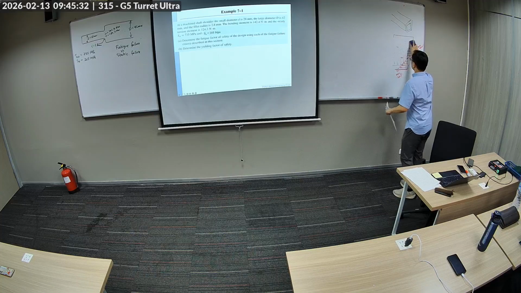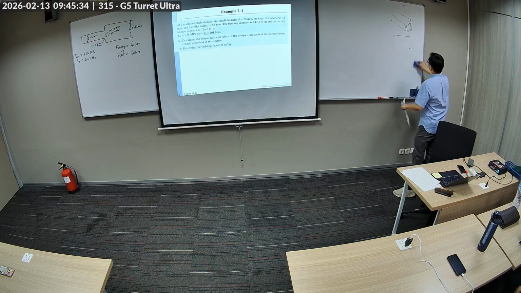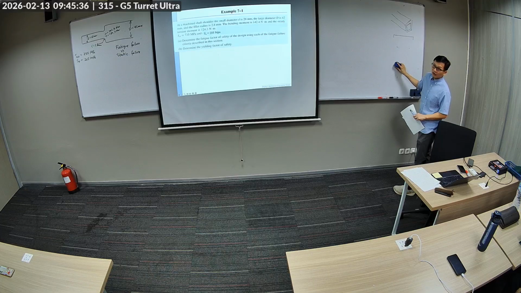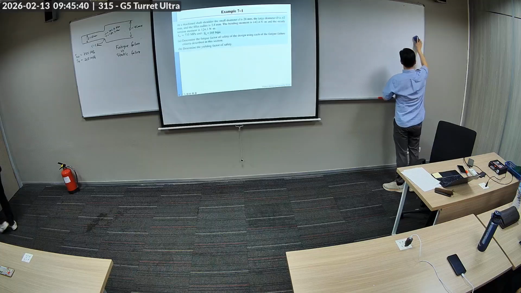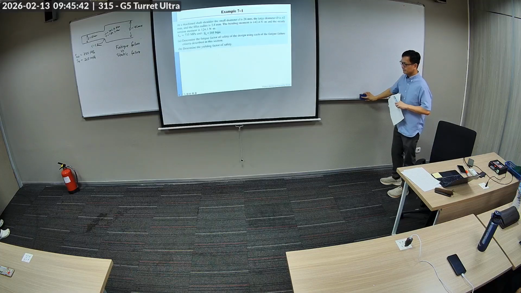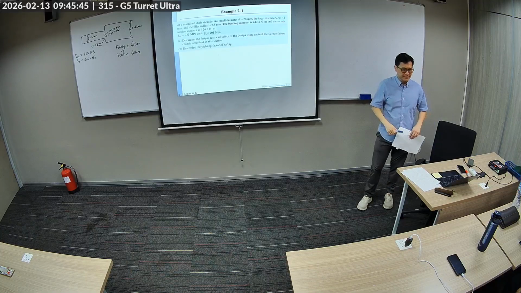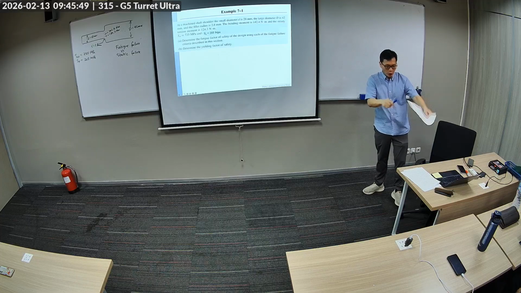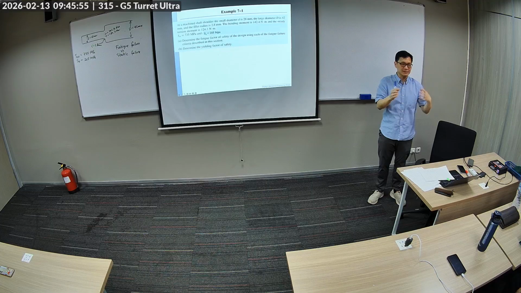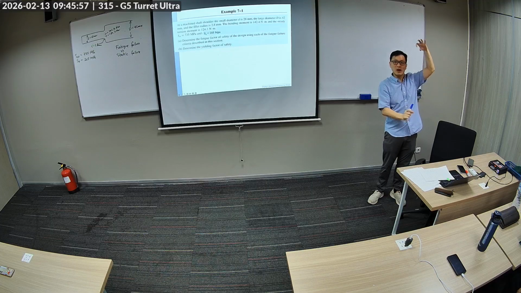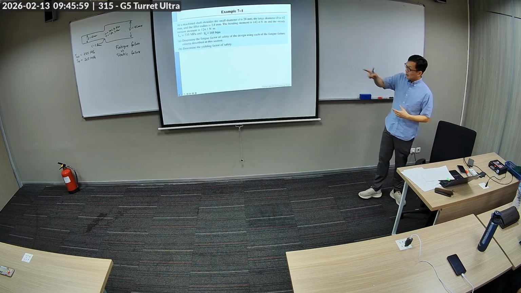Yield strength is the stress at which you cannot return to your original shape, right? What about ultimate strength? Ultimate strength is when it actually breaks. Okay? You pull a specimen for testing, and then it starts to neck, that's yield. And then when it breaks, that's ultimate stress.